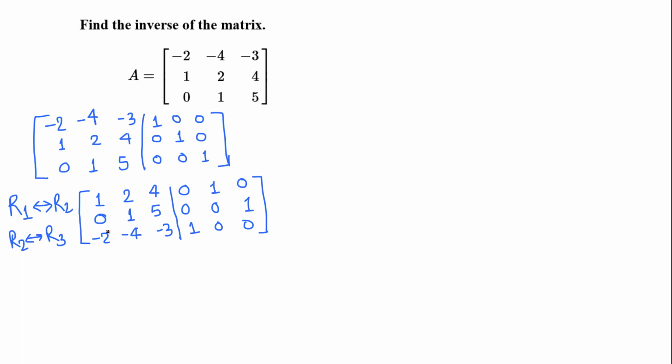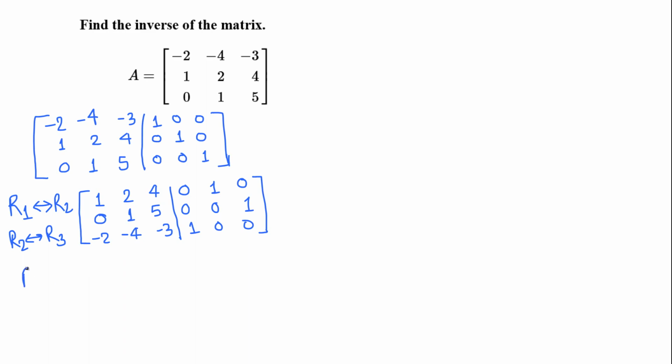Next we want to make this 0, this 0 0 1 here, then 0 0 0. Okay, so let's make this 0, for which we use this pivot.